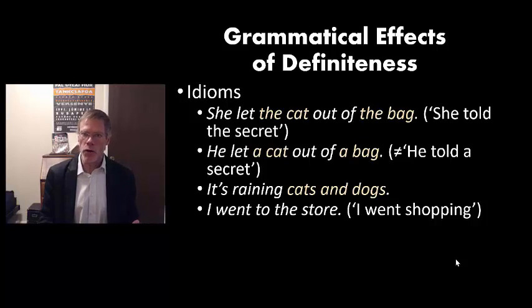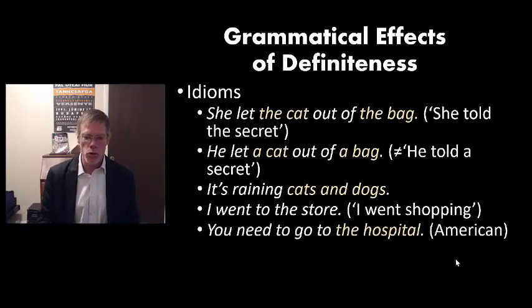And we could go even farther and argue that examples like I went to the store, where you're using it just simply to mean I went shopping, that the there is not definite cognitively, it's just syntactically definite. That's just, again, an arbitrary choice that when we mean it in that way, and we don't expect the addressee to know which store we're talking about, then it just means I went shopping.